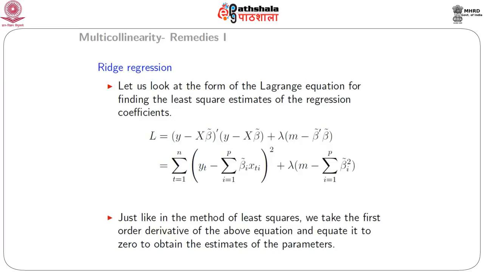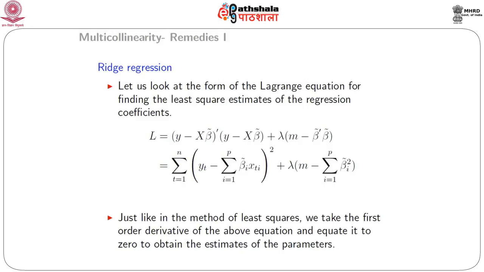L equals y minus x beta tilde prime times y minus x beta tilde plus lambda times m minus beta tilde prime times beta tilde, which can be written in the summation form as follows: summation t equals 1 to n of y t minus summation i equals 1 to p beta i tilde times x t i, whole square, plus lambda times m minus summation i equals 1 to p beta tilde i square, where p is the number of parameters in the model or the number of predictors that we include in the model.